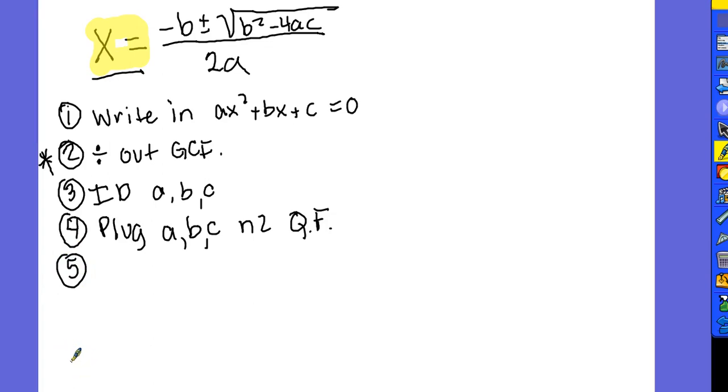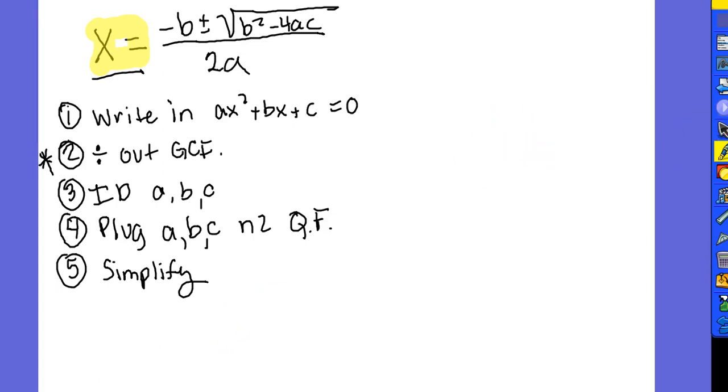Notice I'm using my note-taking notations here. Keep up. Simplify. Okay. So that's the process that we go through. And you know the process. This is a review. Remember that your goal is to refine it, to become masterful. Okay?